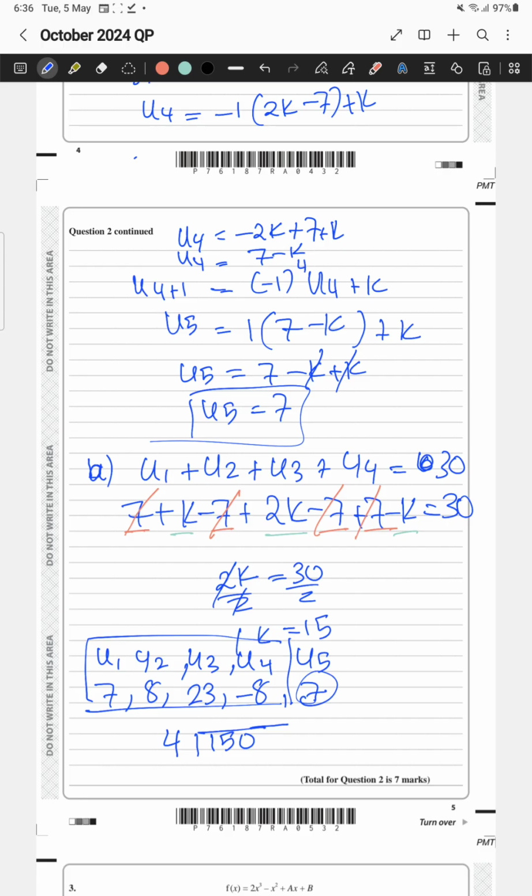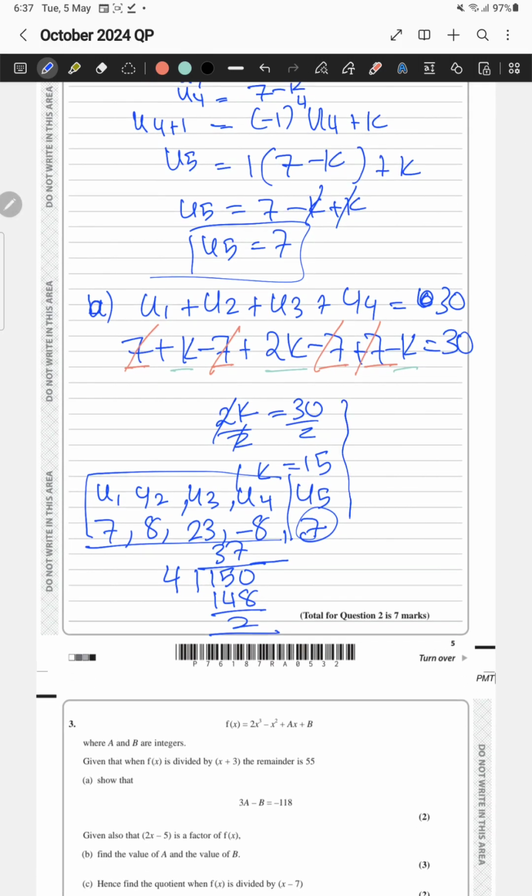The nearest to 150 I can find is 4 times 37 is 148, and we have a remainder of 2.